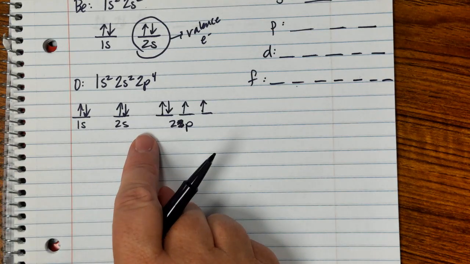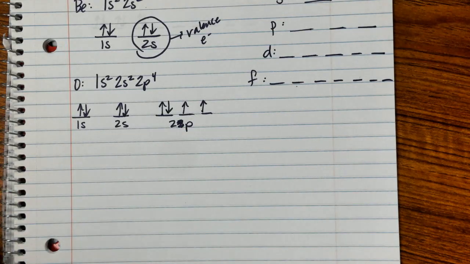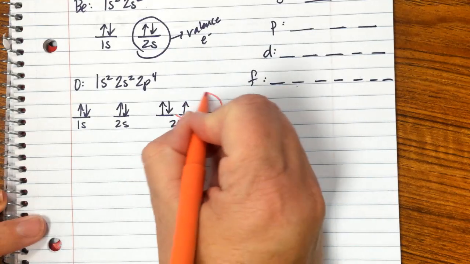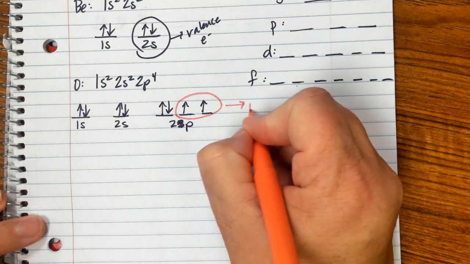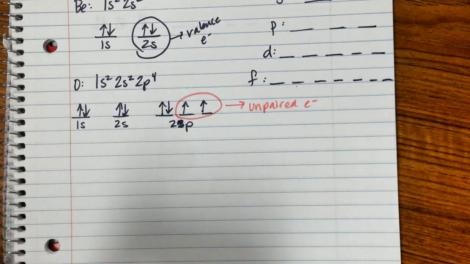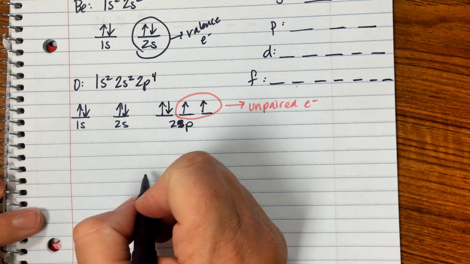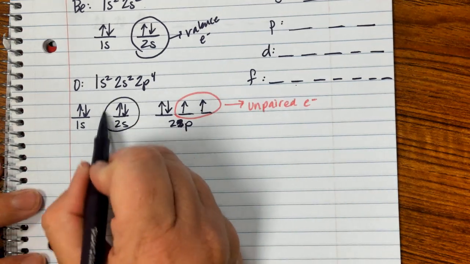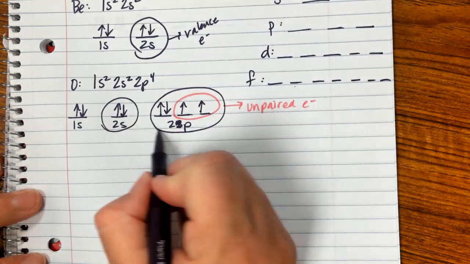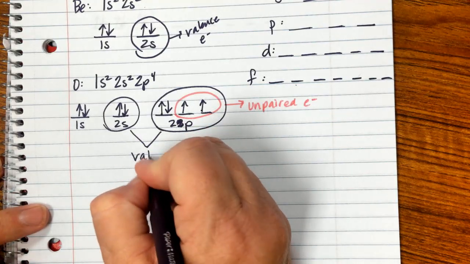So, how many unpaired electrons do I have? I have 2, so let's circle those. These are unpaired electrons. Okay, and then my valence electrons, what am I going to circle? 2s and 2p. So those are my valence electrons.